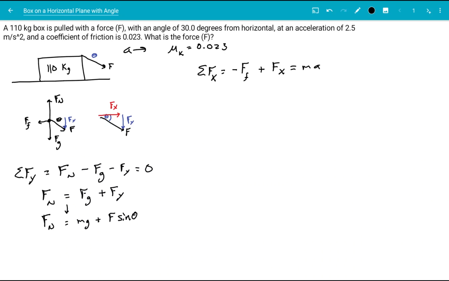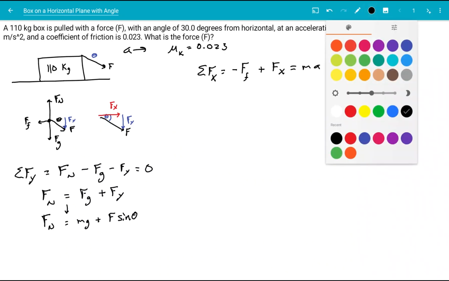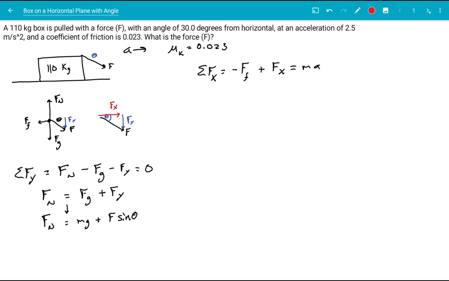Now, you need to memorize and know that the force of friction is equal to mu kinetic times Fn. That's something that you need to memorize. So let's break this down. So minus mu kinetic times Fn plus F cosine theta equals ma.